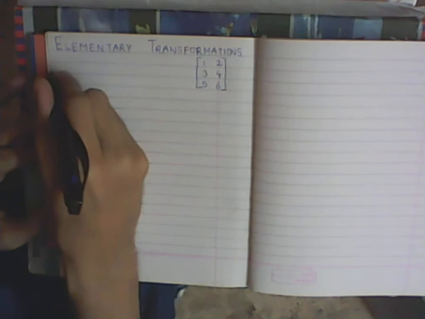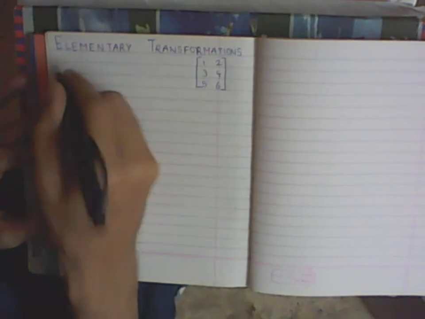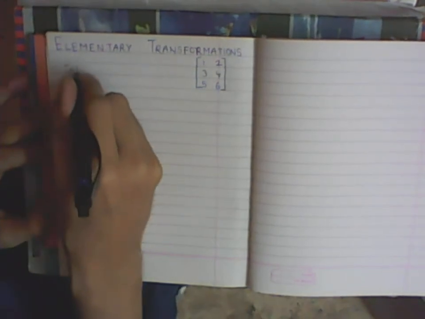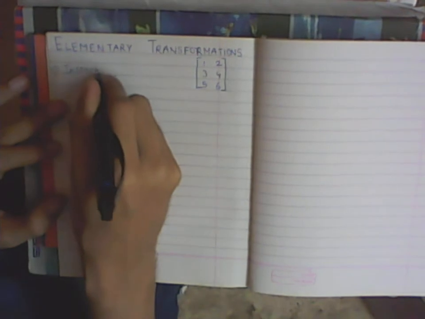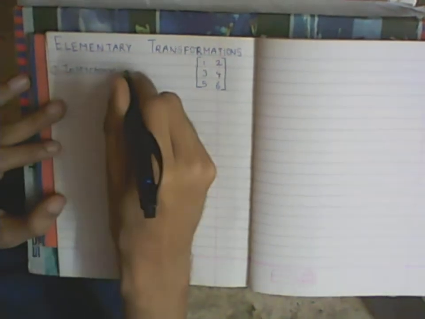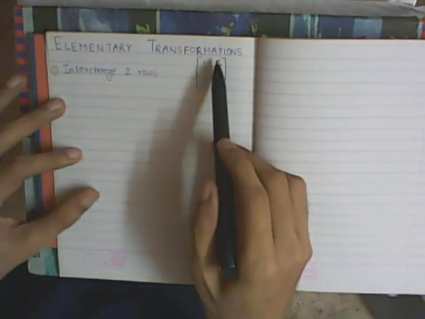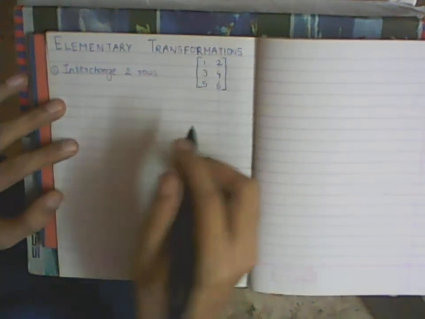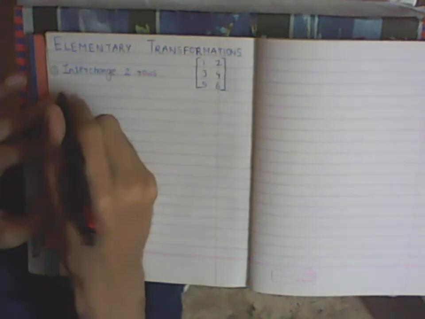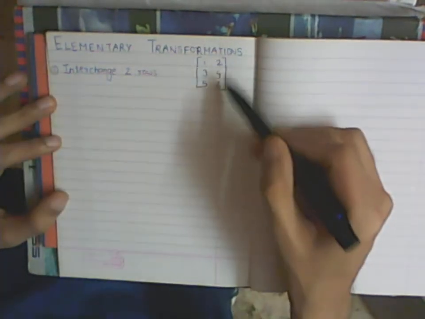The first way to transform a matrix is to interchange two rows, to be specific. I can choose any two rows and swap them. The notation: let's say I want to swap the first and the third row.